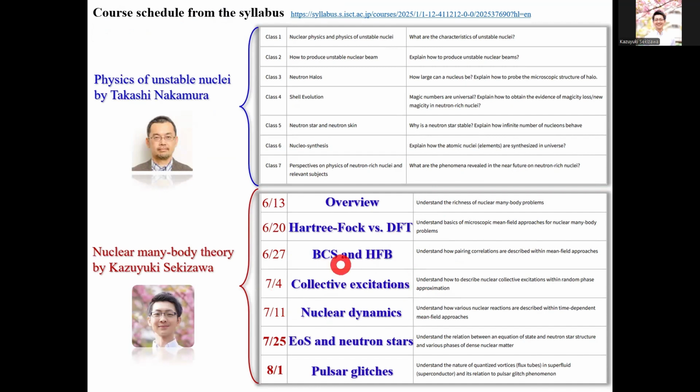Today I will discuss nuclear dynamics, and from this lecture, the discussions will be more like applications. Next week we will skip the lecture, and then we will continue the discussion and applications, especially for neutron star physics.